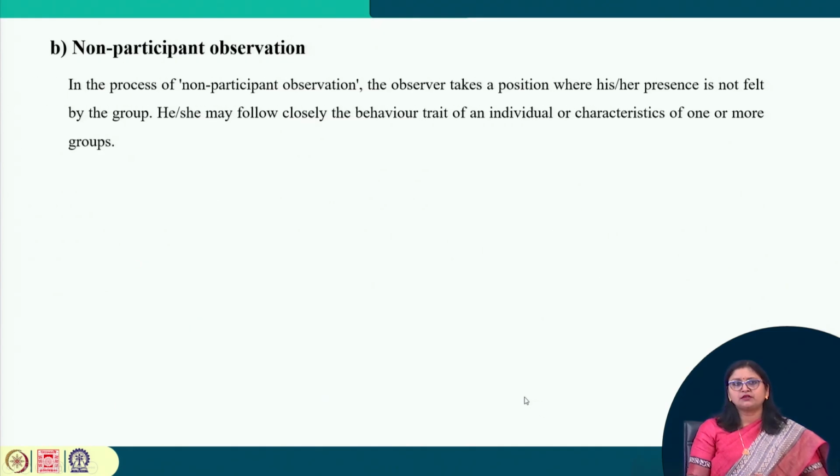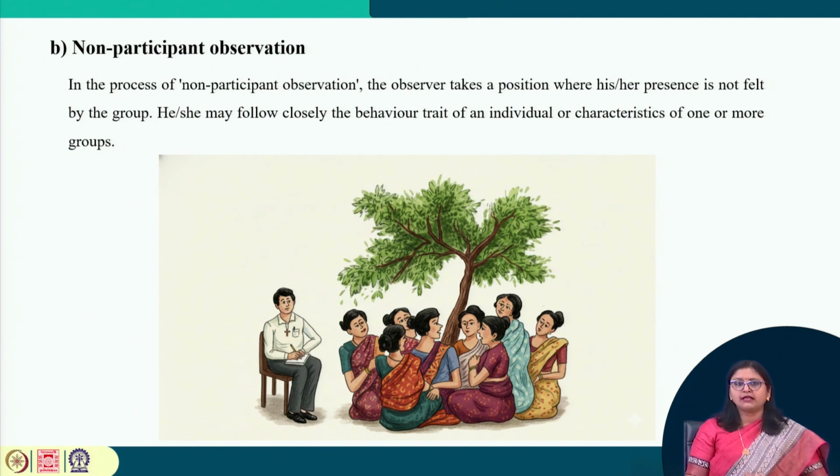And in the process of non-participant observation, the observer takes a position where his or her presence is not felt by the group. He or she may follow closely the behavior traits of an individual or the characteristics of the group. Like suppose the SHG, self-help groups, are sitting there and they are talking, and the researcher is sitting at a distance, observing.